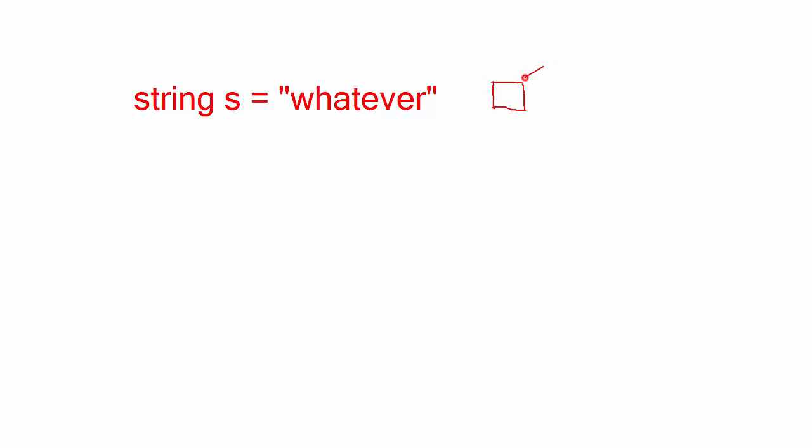So okay, let's say that we have a variable which is string, some variable s is, whatever. Okay, so you can think of the way this works is that we have a single cell, and this is our variable s.